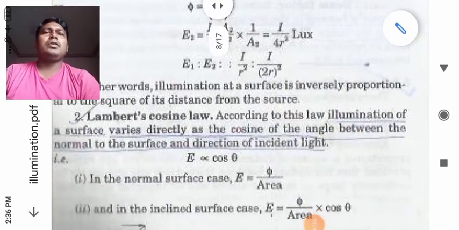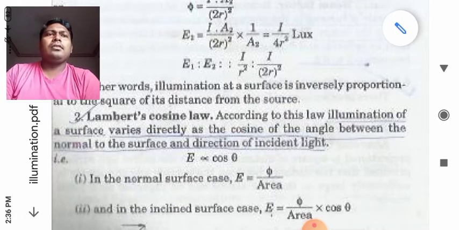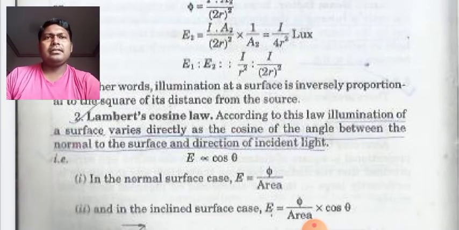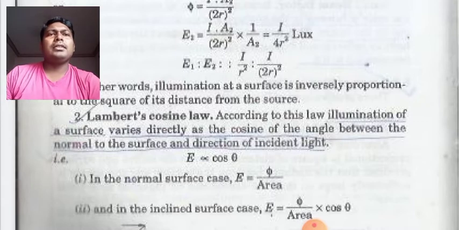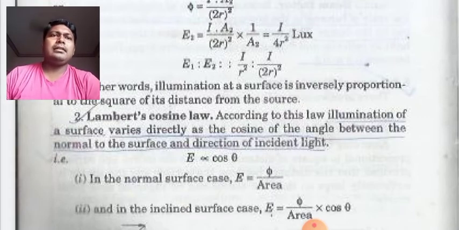Now Lambert's cosine law. This law states that the illumination of a surface varies directly as the cosine of the angle between the normal to the surface, what do you mean by normal? Perpendicular, right? Normal to the surface and the direction of incident light.